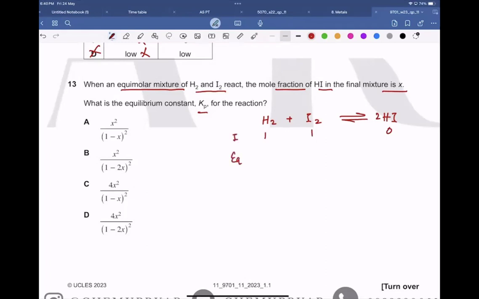At equilibrium, this says that it's X, so it is going to be 1 minus half X and 1 minus half X, because of the mole ratio.